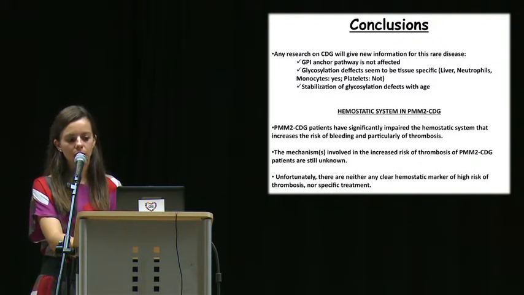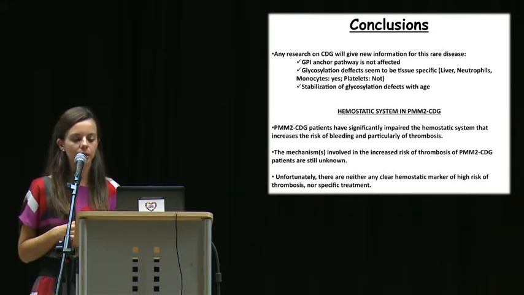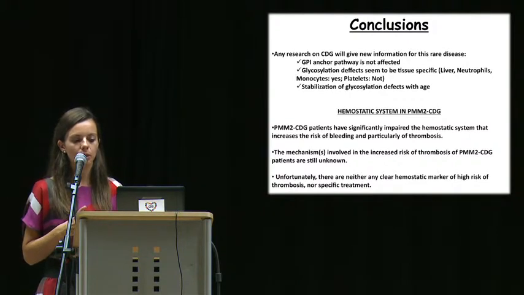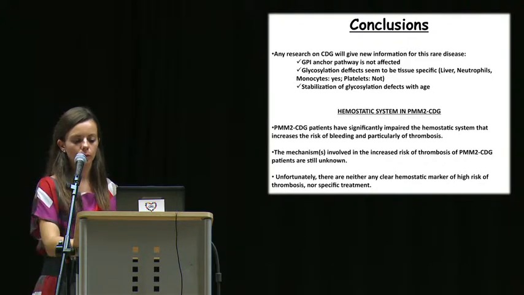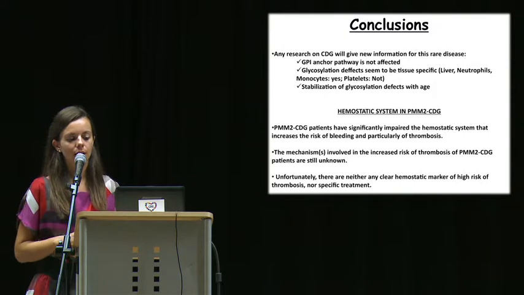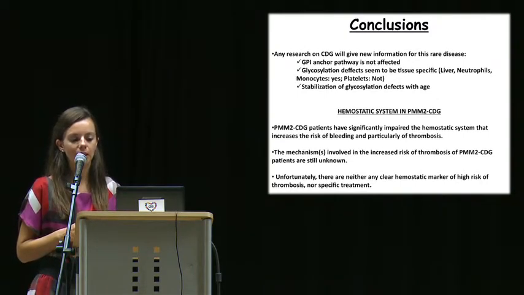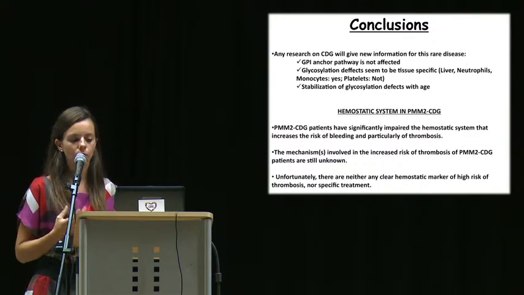And concerning the hemostatic system in these patients, we could say that these patients have a significantly impaired hemostatic system that increases the risk of bleeding, but particularly of thrombosis. The mechanism involved in this increased risk of thrombosis is still unknown, and unfortunately there is neither any clear hemostatic marker of high risk of thrombosis nor specific treatment.